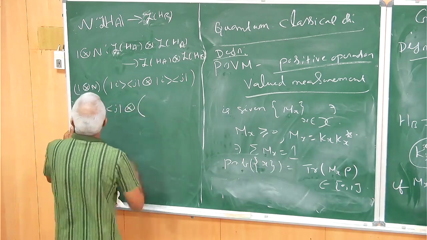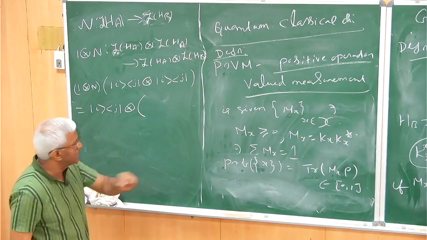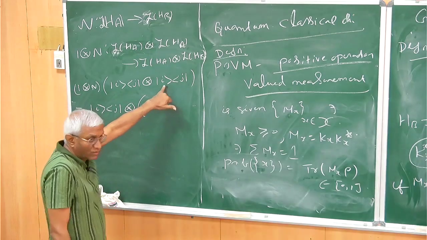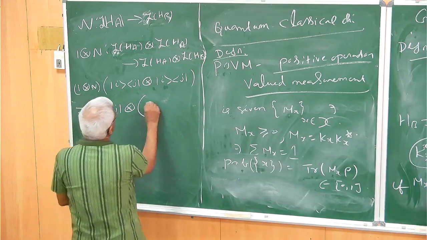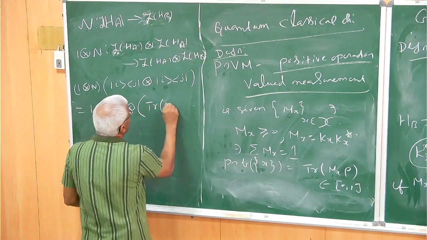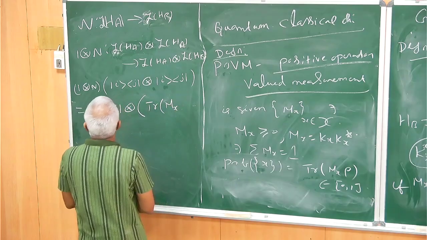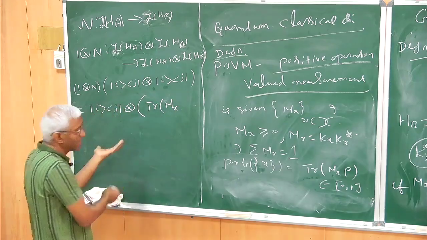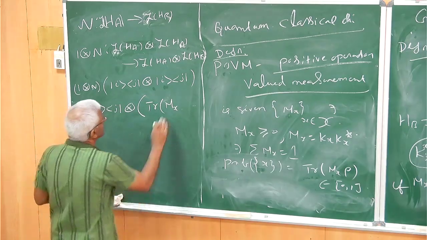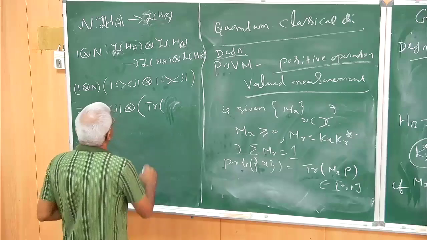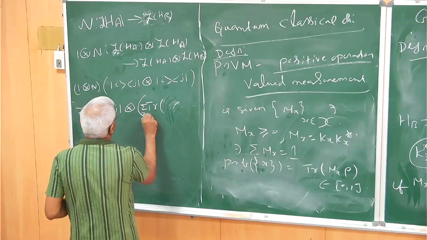So how is it defined? This is trace of, this is our rho now. The trace of this times xx. So trace of mx. I mean, we have to have summation mx, right? Summation mx. We keep one mx. So this is summation over x in x.